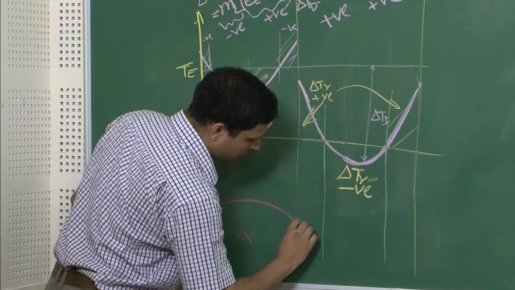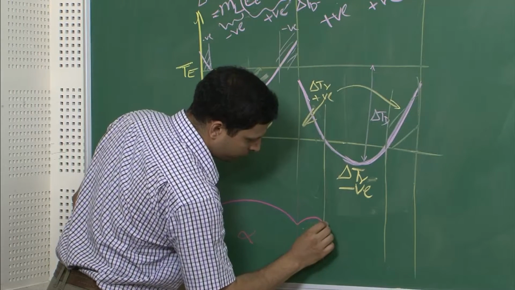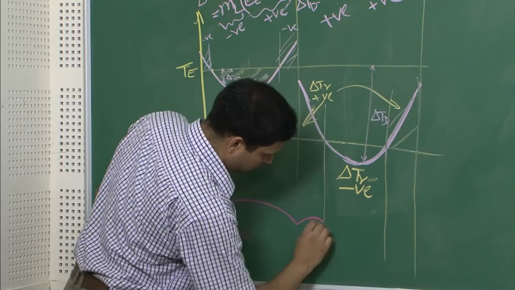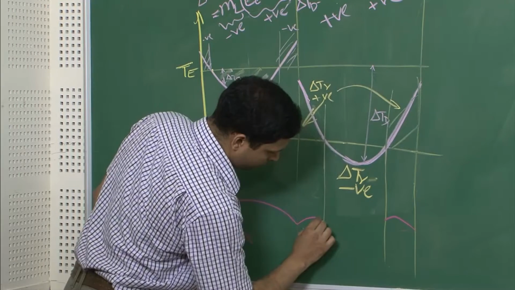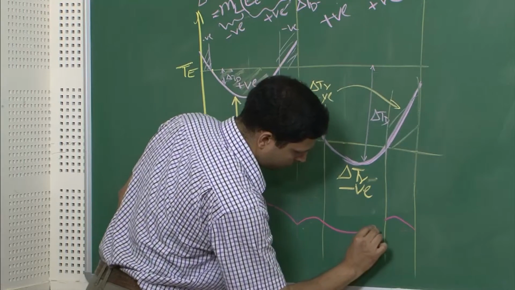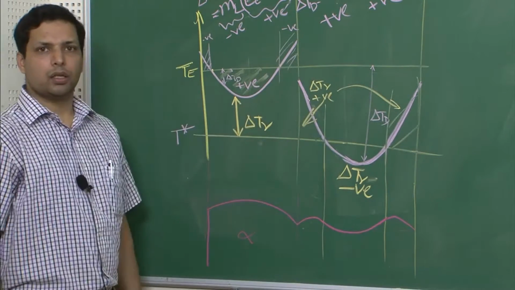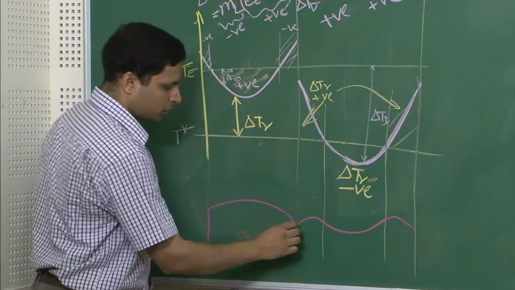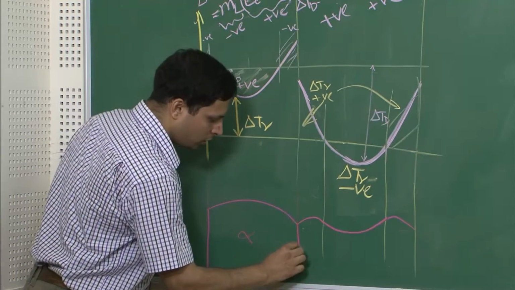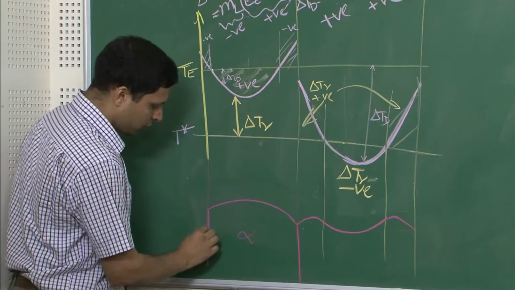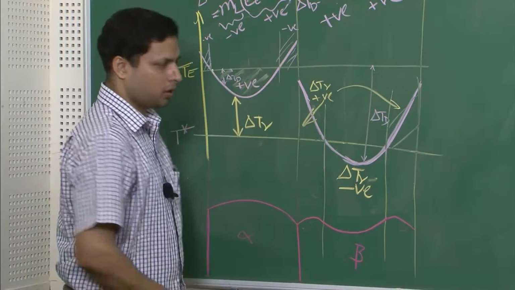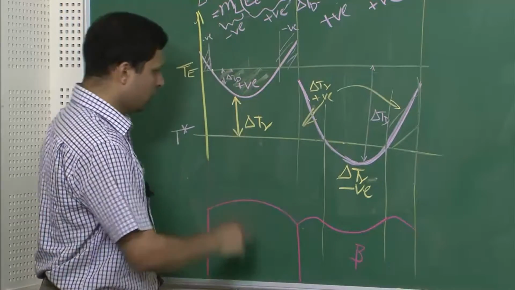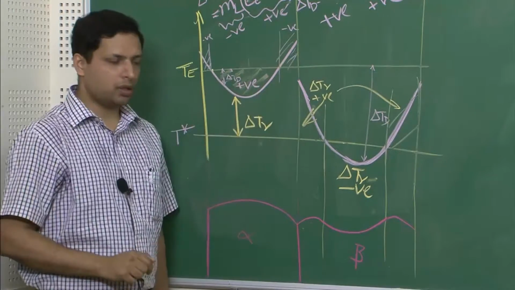So, we should have something like this. This is how the radius of curvature in front of the two lamellae would look. This is our alpha lamella, this is our beta lamella. Over here the radius of curvature is positive throughout, leading to delta Tr positive throughout this region.